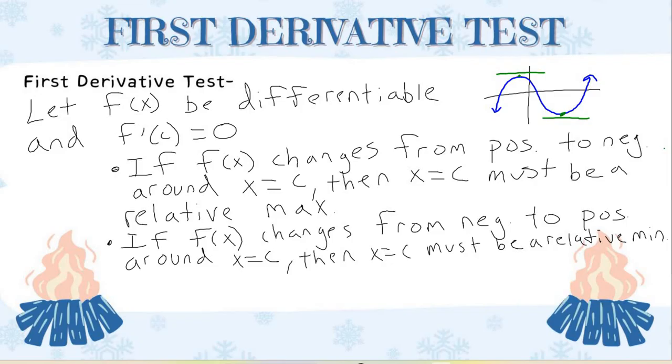Now, the reason why I said that f of x has to be differentiable is because I put must there, okay? Because the second that f of x is not differentiable, it causes us to have issues. Because we have two different cases on that one.